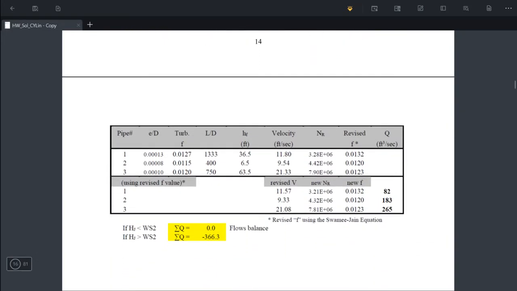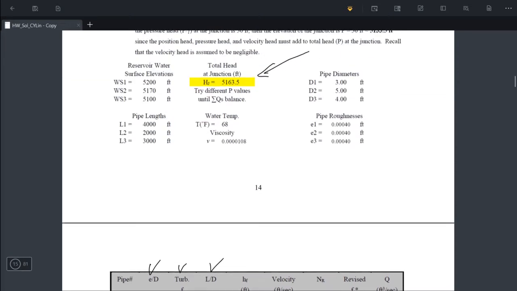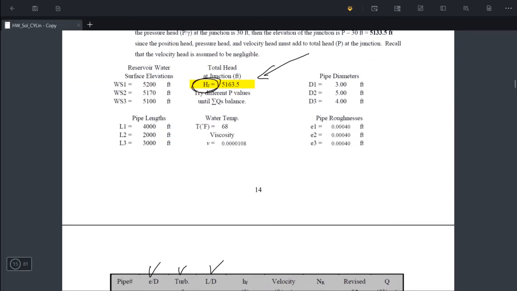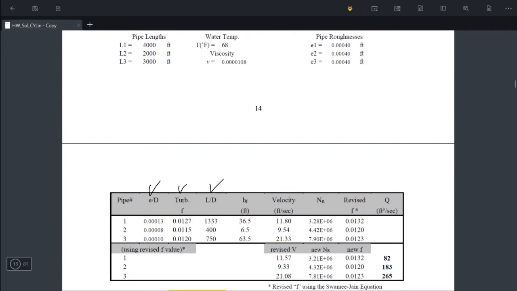So this term remains the same. You get the turbulence factor, and we already know this. And because now you have the new HJ, you will have a new HF, because this is HJ minus H, right? So you know this, and you know the factor, so you can calculate the velocity using the friction head loss equation.